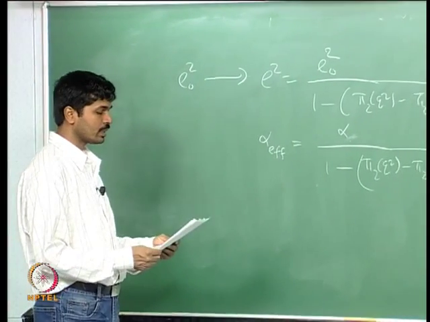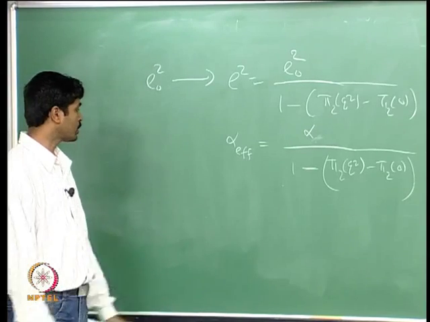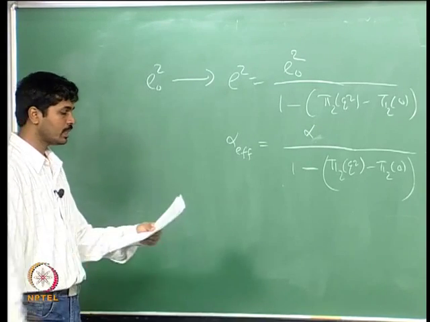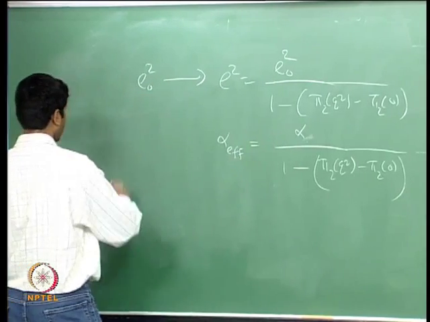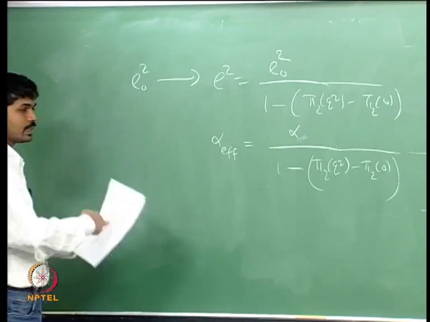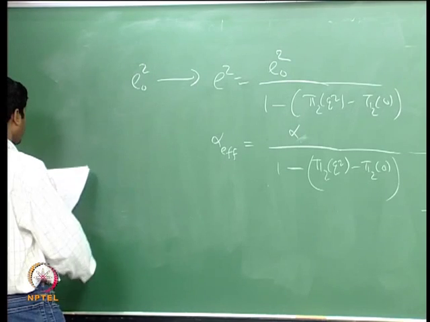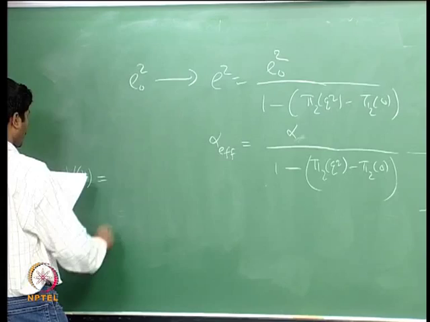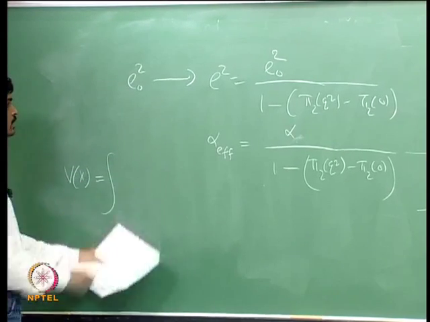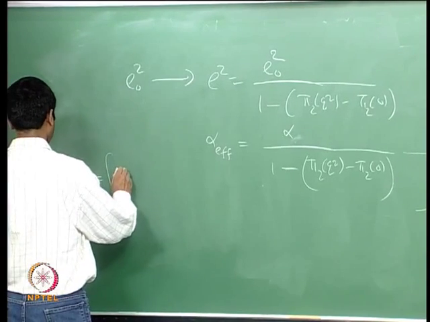Similarly, you can take the non-relativistic approximation and then you can compute the effective potential. The pi 2 of q square basically changes the electromagnetic interaction, and the effective potential is basically given by V of x, you can just take the Fourier transform here.